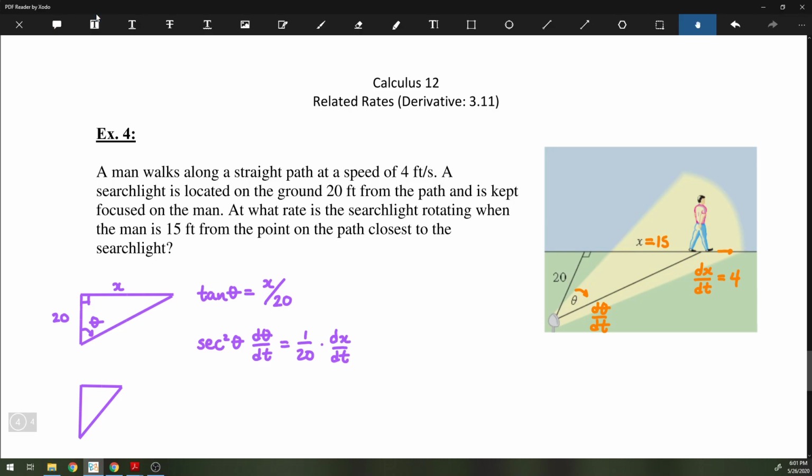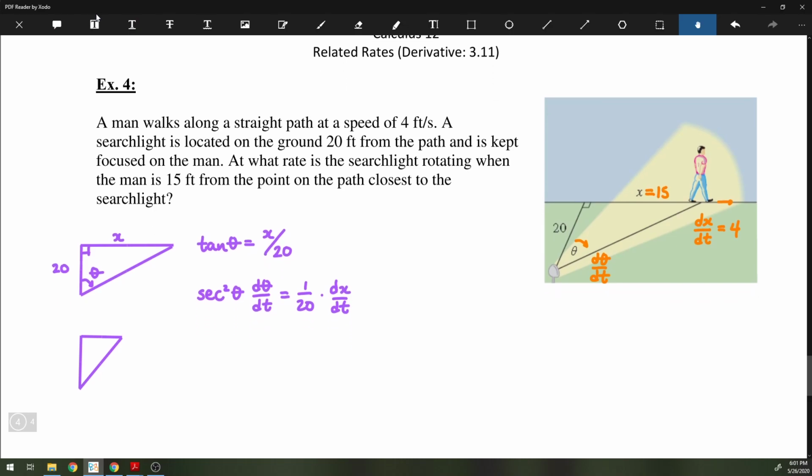Now, in order to finish this question, we have to find out what theta is when x is equal to 15. So when x is equal to 15, this is 20. We have to find theta in that moment in time. So that would be tan theta is equal to 15 over 20. So theta is equal to arctangent 3/4.